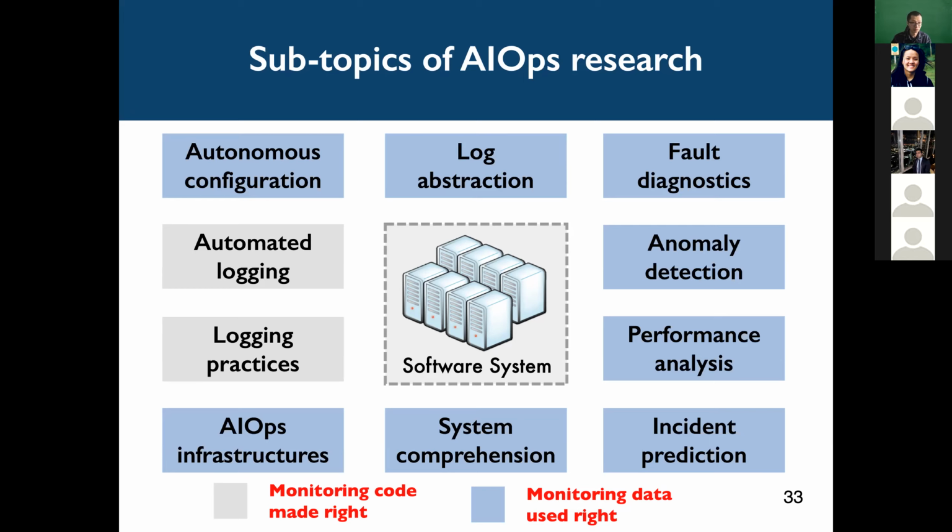Here we especially focus on logging, because logging is one of the most important sources of monitoring data. So there are many subtopics. Here I will go through some of them and give you a sense of what the topics of AIOps research are. First, let's look at log abstraction.